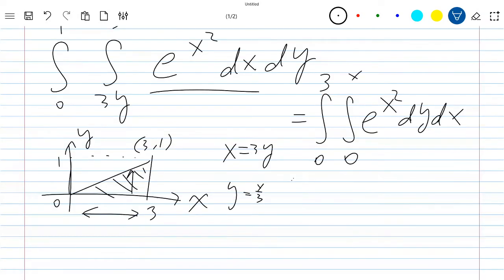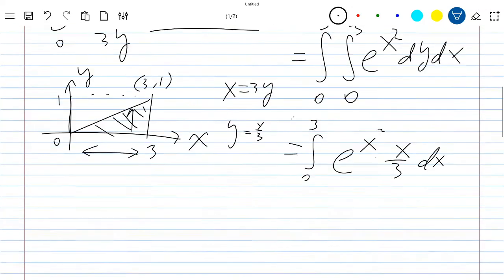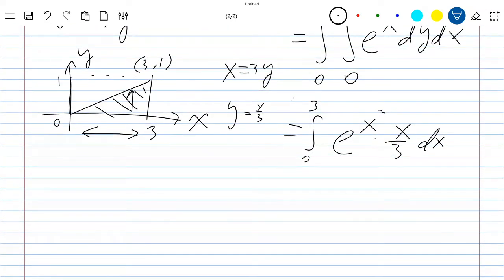Then you can integrate, because integration over y has a constant for x. Then this x over 3 will give you the u substitution that we need.